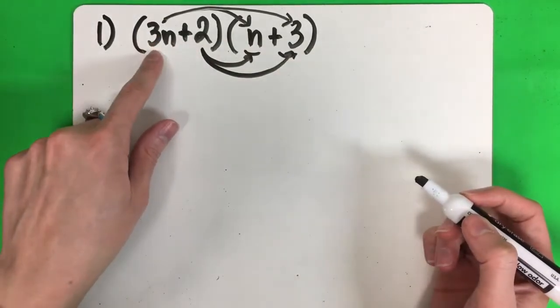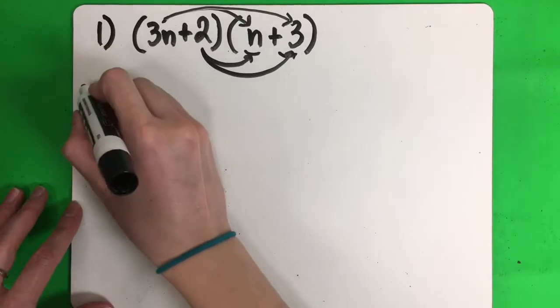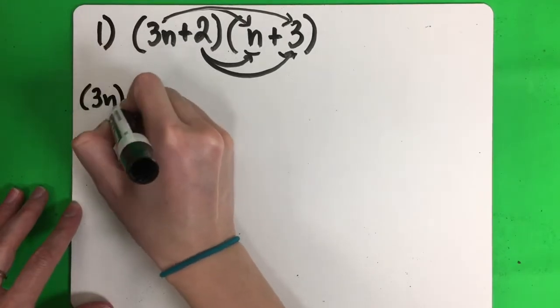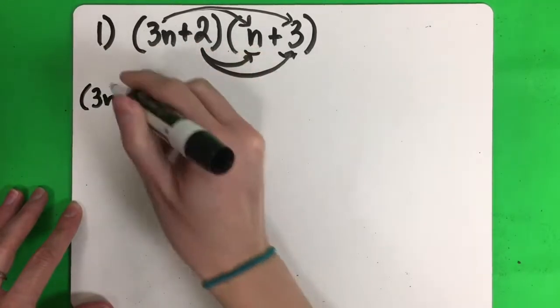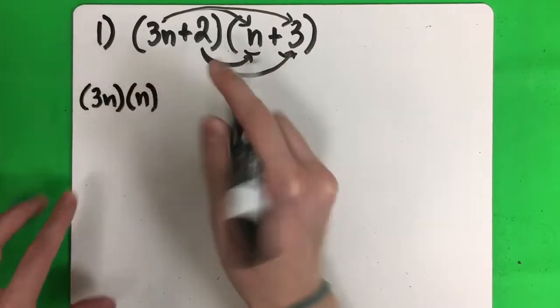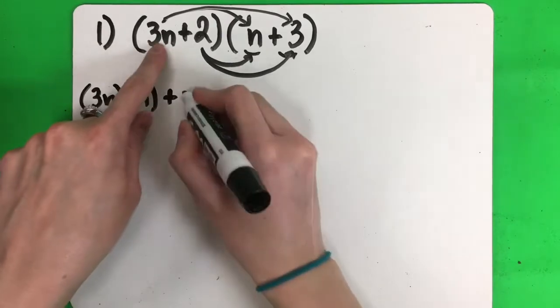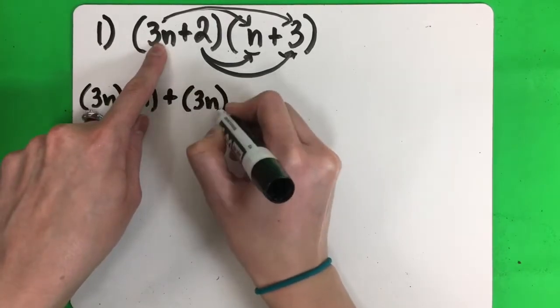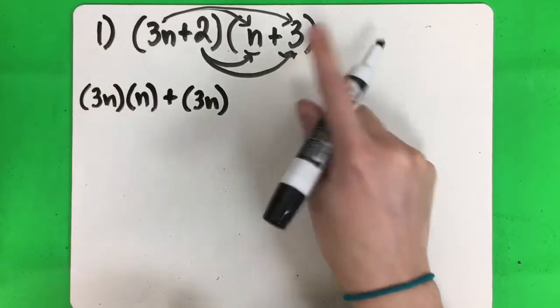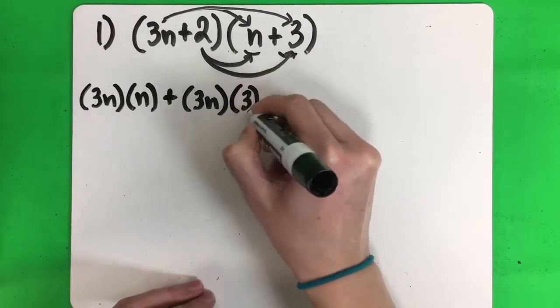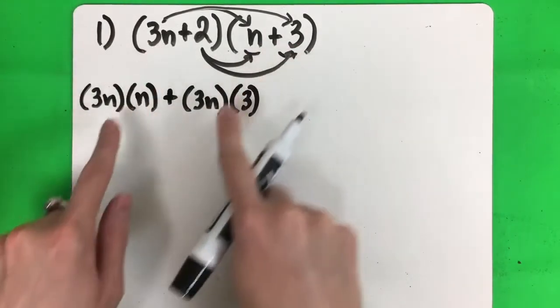Let's start with 3n. In parentheses 3n, the first term, times the first term, so 3n times n, plus again 3n in parentheses times the second term, 3. So these two, then these two.